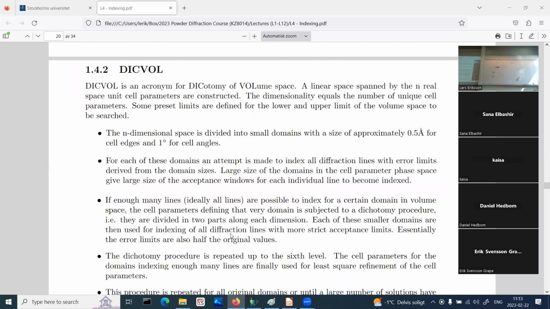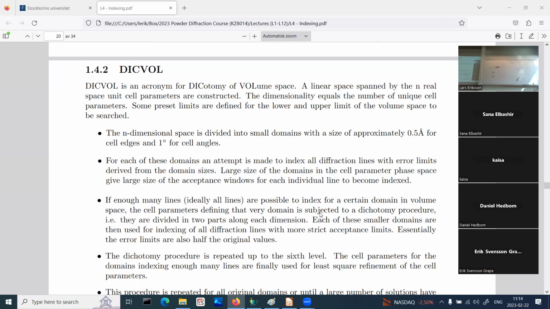Approximately the same procedure is used in DICVOL, except that DICVOL doesn't generate a lot of HKLs. It takes reciprocal space, real space, and a small domain with approximate unit cell parameters. Is it possible to index?